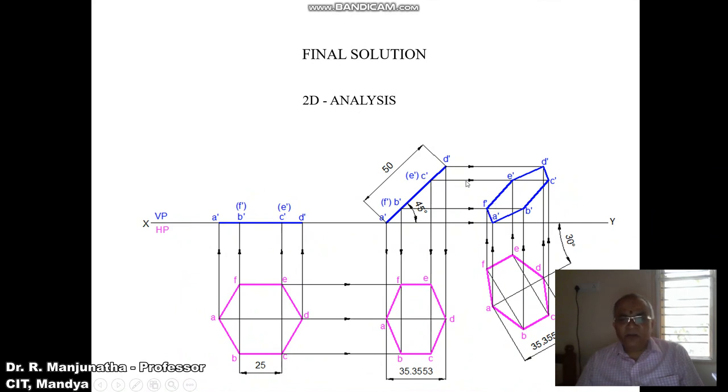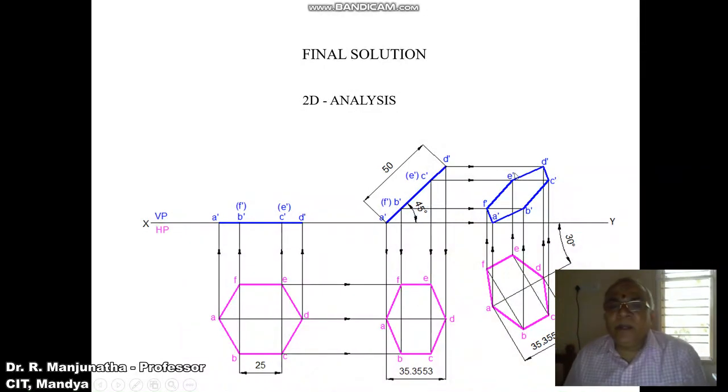Similarly, draw a horizontal projector from C dash and E dash and a vertical projector from C to intersect at this point, and mark this point as C dash. Draw a vertical projector from E so that it cuts the horizontal projector drawn from E. Both intersect at this point, and mark this point as E dash.